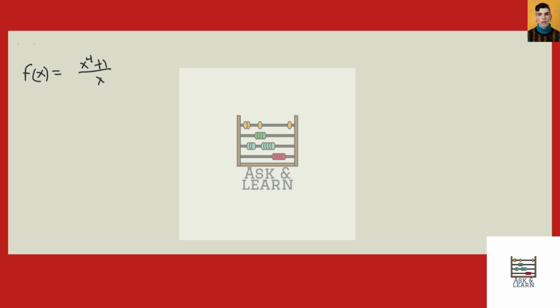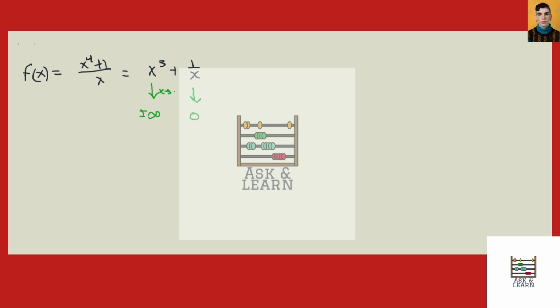So if we were to first divide x into x to the fourth and 1, we would end up with x cubed plus 1 over x. Now, if you look at this, we know that x cubed is going to tend to plus or minus infinity, and we know that 1 over x is going to tend to 0 as x goes to plus or minus infinity.